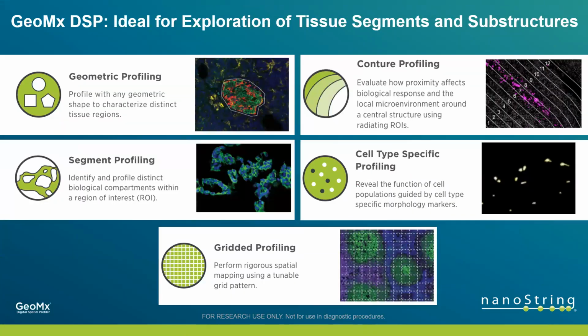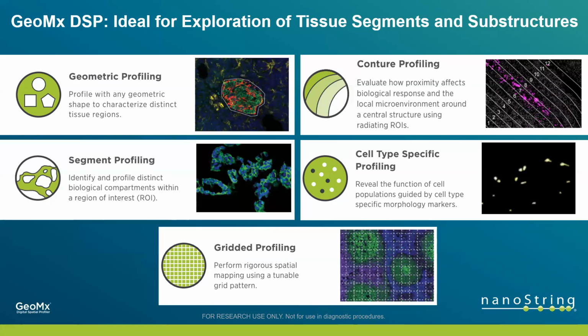And when we're thinking about GeoMx, one of the nice features that we have is these adaptive optics that allow us to really fine-tune on specific tissue compartments and profile across distinct hypothesis-driven cell populations across these tissues.